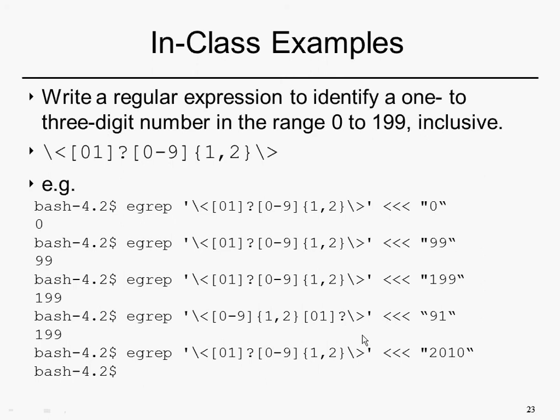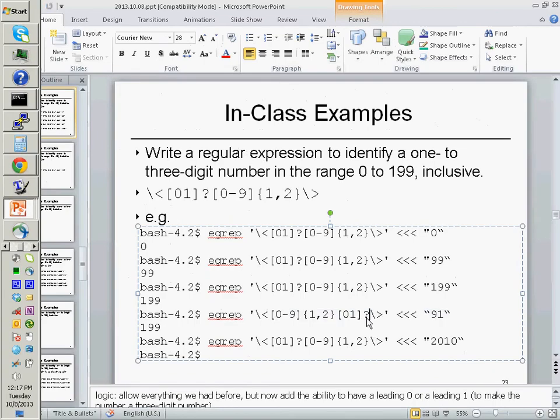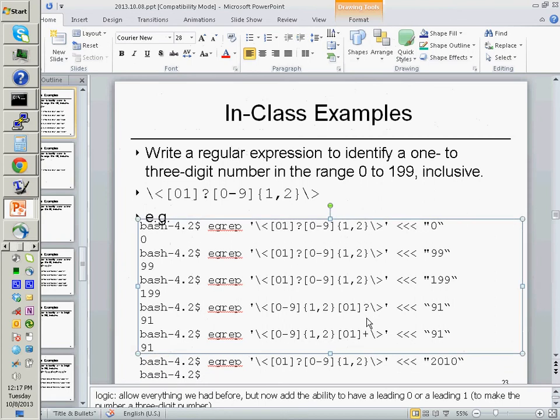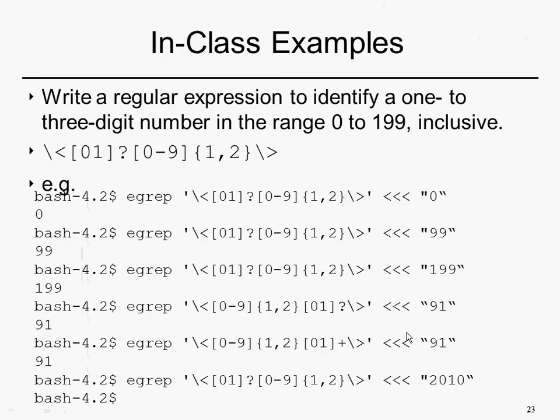But if we had instead, so this would match to 91. If we had instead this sort of situation, where this was something like that, tell me what would happen then. How would this match, first of all, would 91 be matched by this? Yes. Which one would be matched by this first expression here?